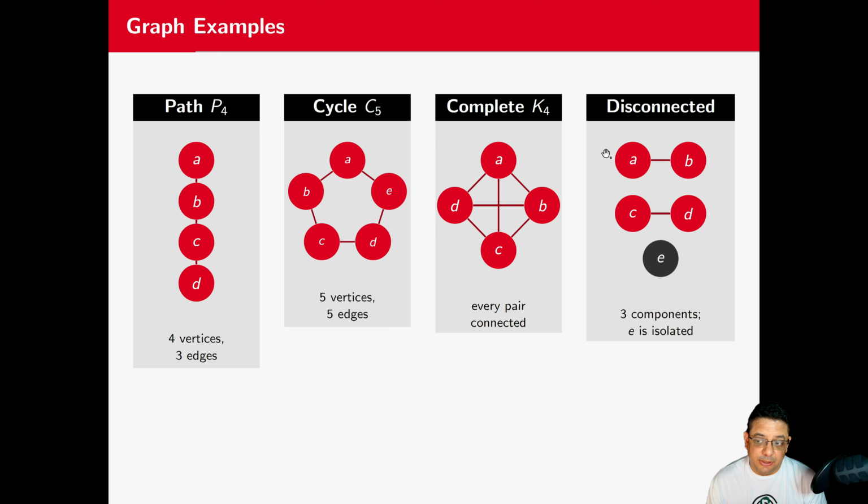We also have disconnected graphs like this. For example, here we have 5 nodes, but only 3 components. A is connected to B, C is connected to D, and E is in isolation. So we have 3 components.